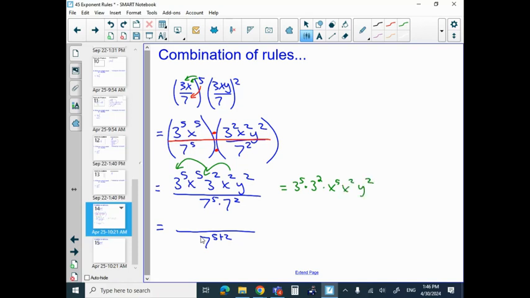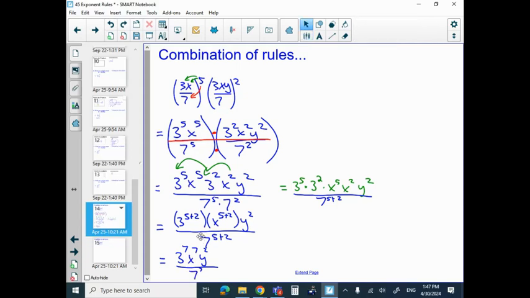So if you rewrite the top like that, you could easily show that this would be a 3 to the power of 5 plus 2. And we'd have an x to the power of 5 plus 2 and a y to the 2. So a final result of 3 to the 7, x to the 7, and y to the 2, all over 7 to the power of 7.